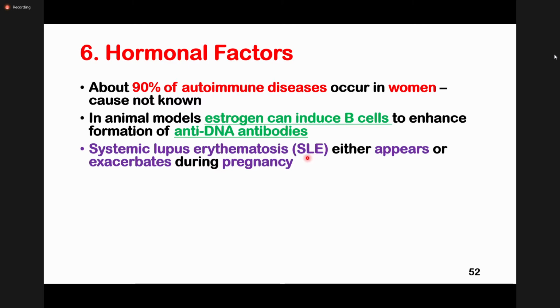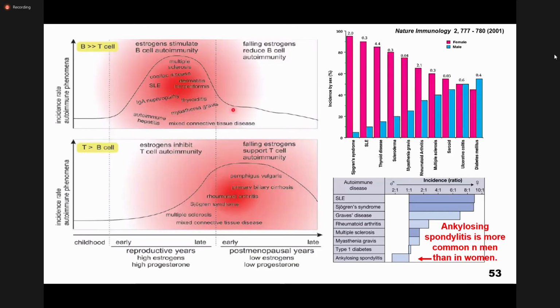If you see here, in the human female, when they are young, the B cells are more than the T cells, so estrogen stimulates different kinds of autoimmune diseases.